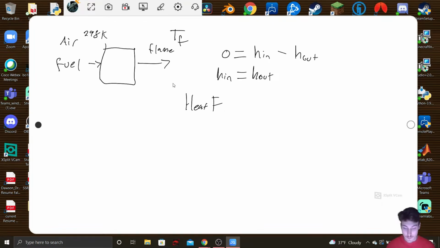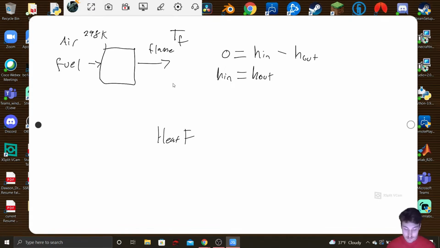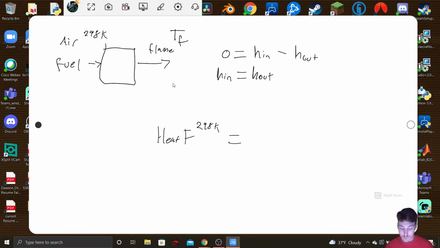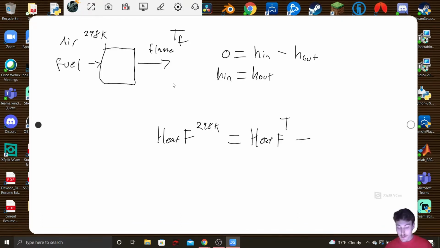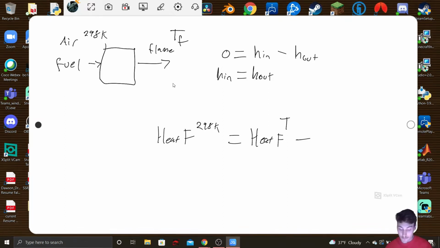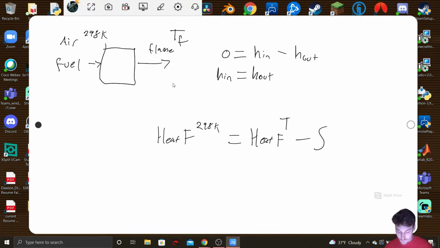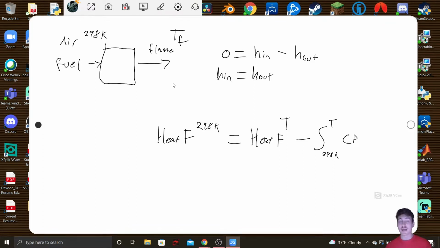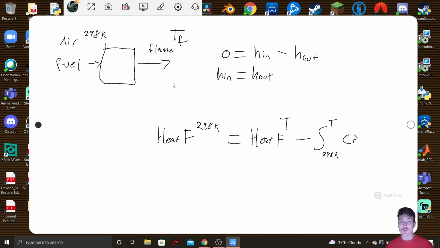So our heat of formation, let me put this in order. The heat of formation at 298 Kelvin is going to be equal to the heat of formation at that certain temperature minus an integration from 298 Kelvin to the temperature of the specific heat of the gas, because we're going to say that's an ideal gas, so we can use those properties that we have with our CHE tools in Python.